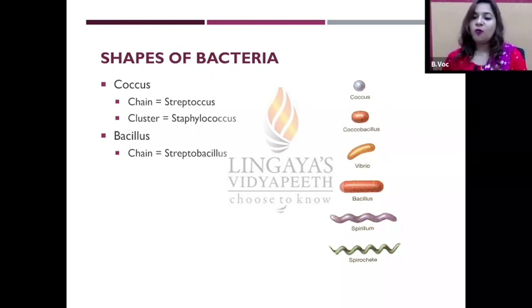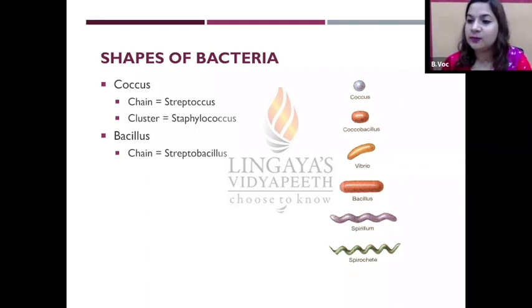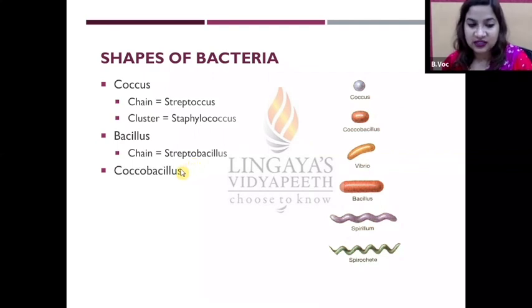All right. So what are bacilli? Bacilli are the rod-shaped bacteria. So bacteria which are rod-shaped are termed as bacilli. All right. So bacilli can appear in chains. The bacilli that appear in chain form are the streptobacillus. Then there is one more thing, that is cocobacilli. What is cocobacilli?